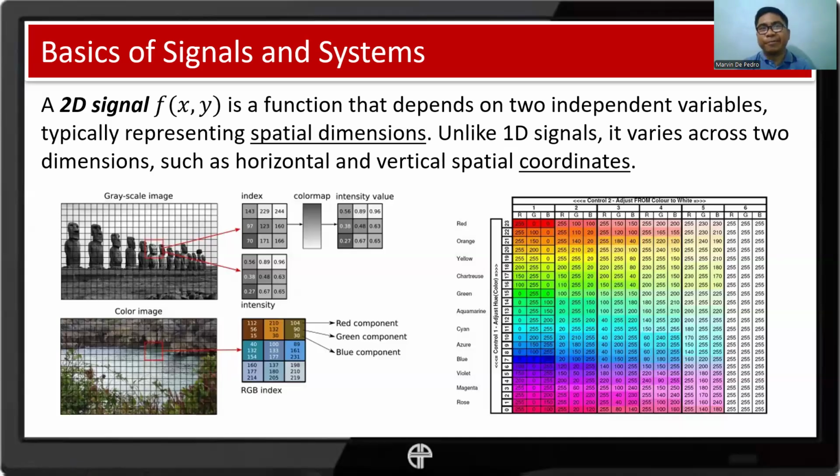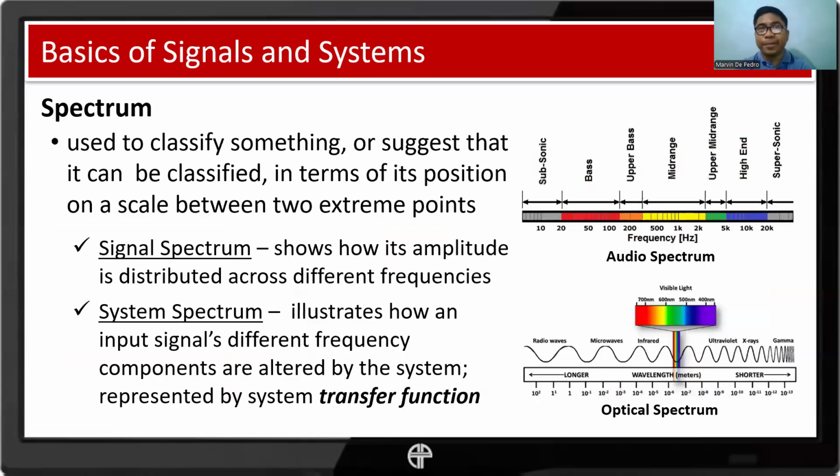Just imagine, in a 1D signal we modify one parameter only. In 2D signals we modify two parameters. You're going to learn more of this in one of our next modules, I think in the third module, when we talk about image processing.